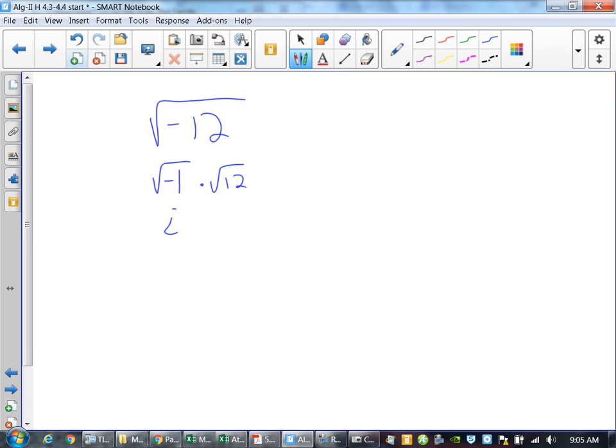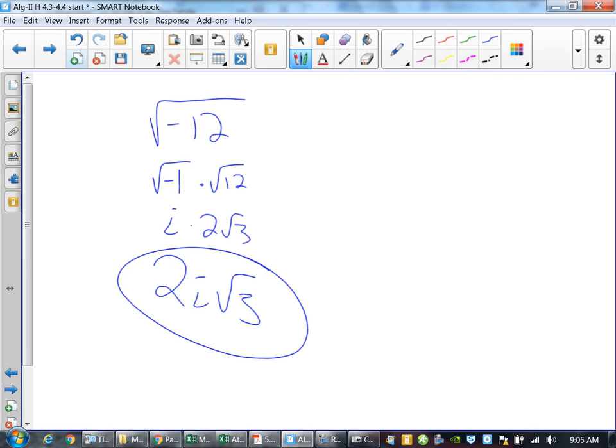What's the square root of 12? 2 root 2. No, 2 root 3. Thanks. Now, when we simplify it out completely, the way we write it is numbers first, and that's your answer. So in essence, anytime you have a negative when you're taking the square root, you just take out an i.